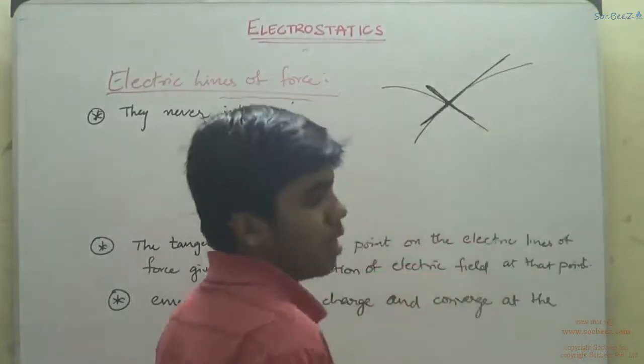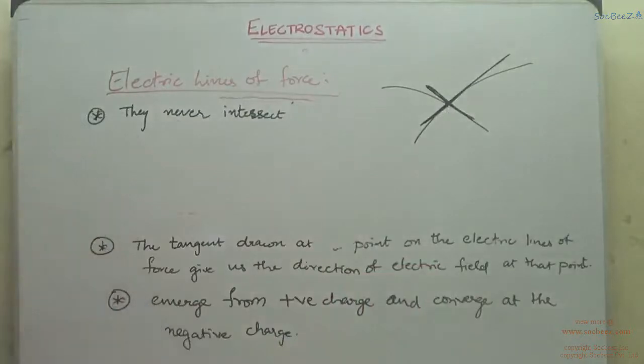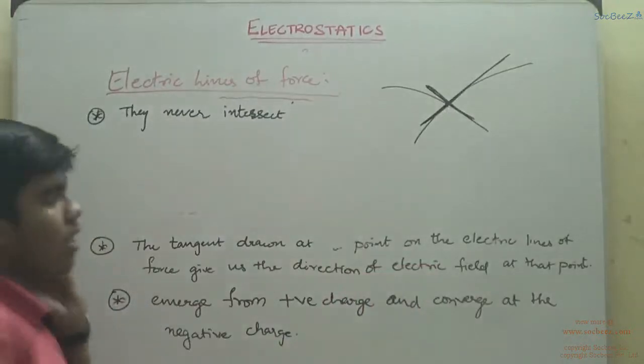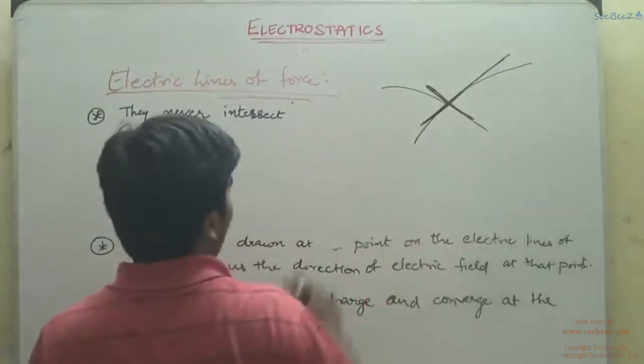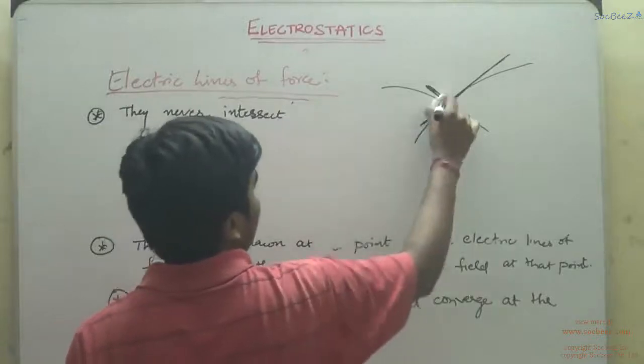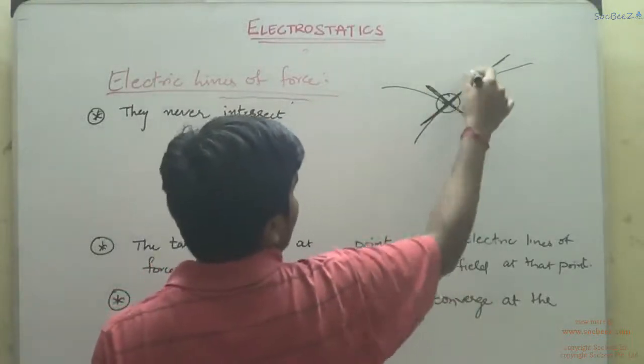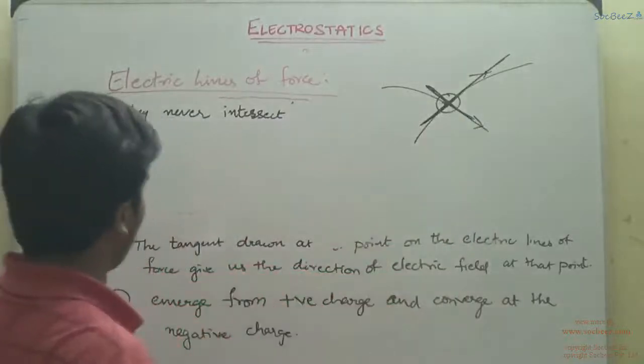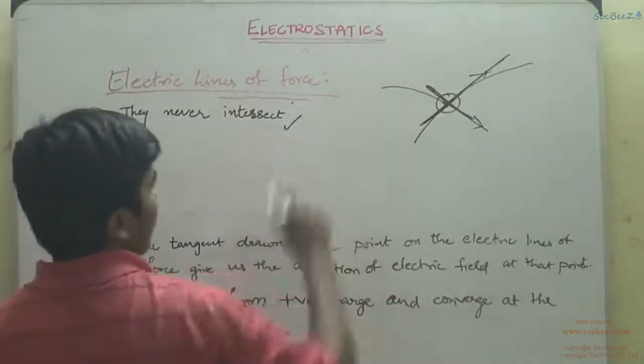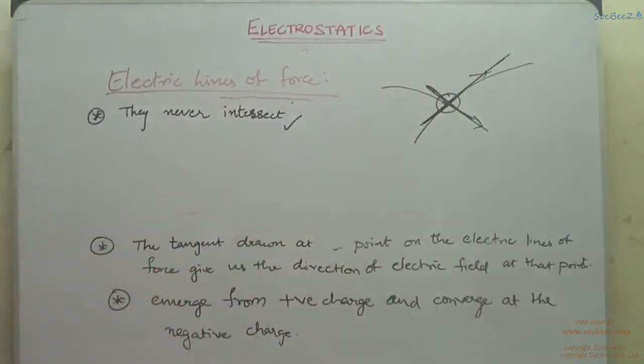But that is not possible. The electric field at a point will have only one direction. If the lines of force intersect, it would mean that the direction of the electric field at a particular point is given in two ways, which is not at all possible. And that's the reason why we say that electric lines of force do not intersect.